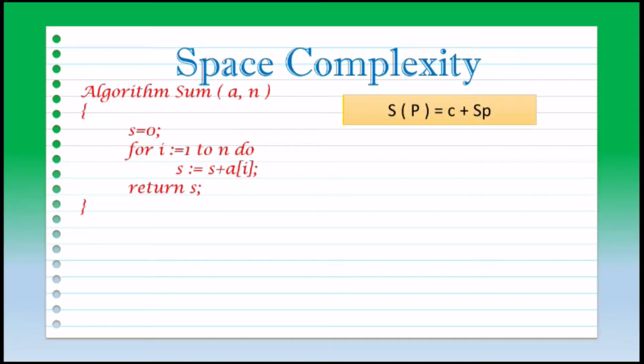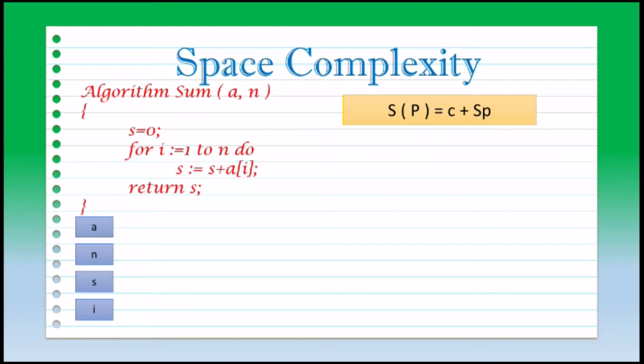In this algorithm there are 4 variables: A, which is the array, n for size, s to calculate the sum, and i to repeat the loop.